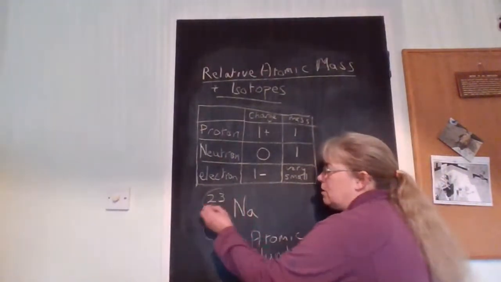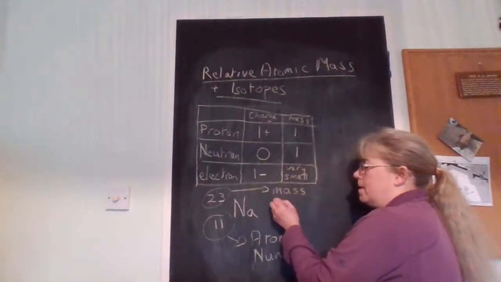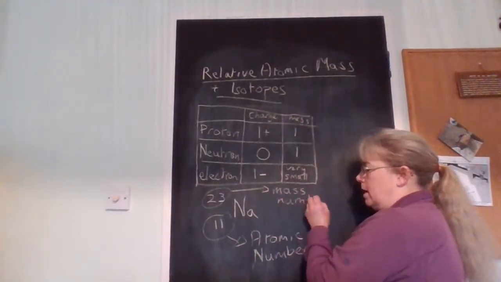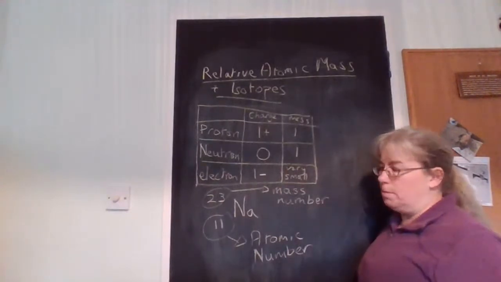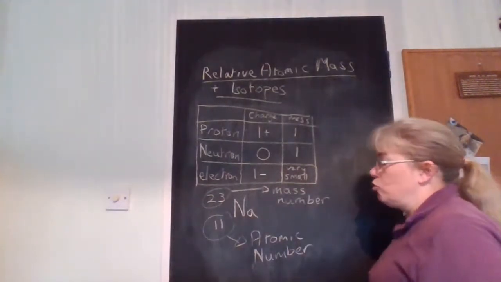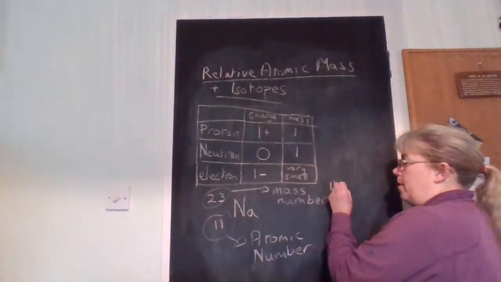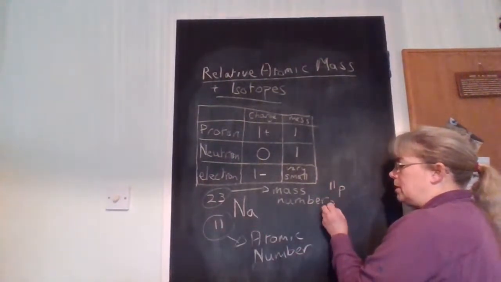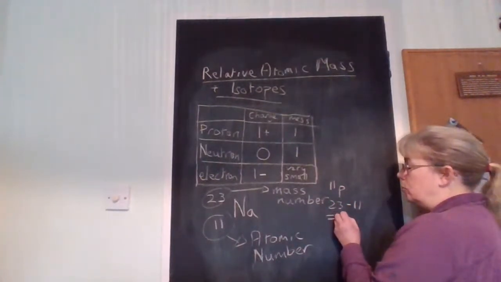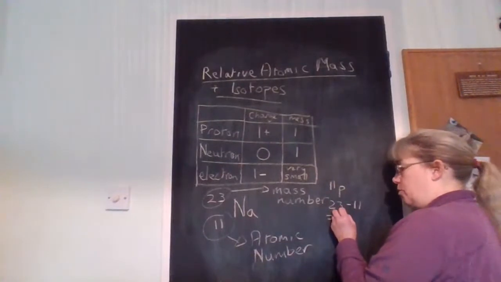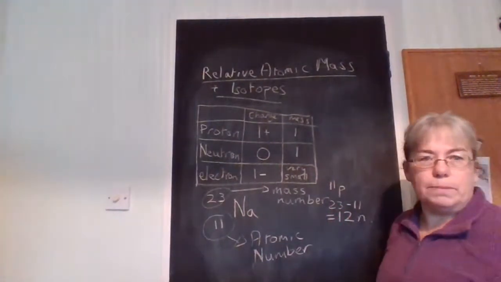The 23 is the mass number, and that one gives you the number of protons plus the number of neutrons. So you've got 11 protons, and then you've got 23 minus 11 neutrons, which equals, by my maths, 12 neutrons. That's in a standard atom.